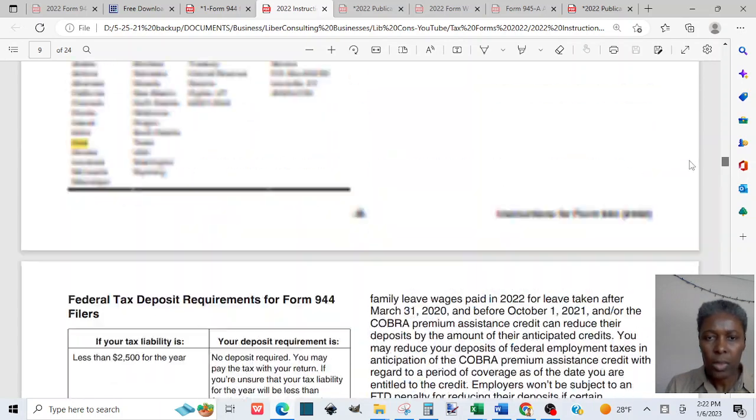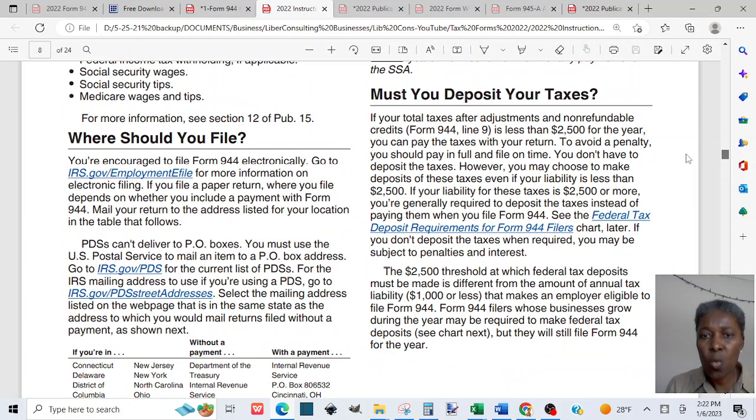So let me see if they say who must deposit your taxes. Let's talk about that a little bit here. I think I mentioned it earlier, but if your total tax after adjustment is less than 2,500 for the year, you can pay the tax with your return.